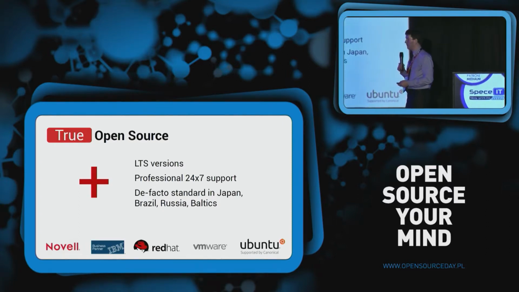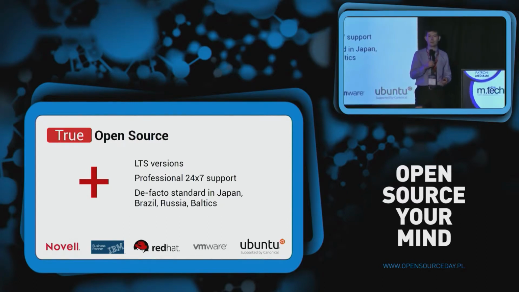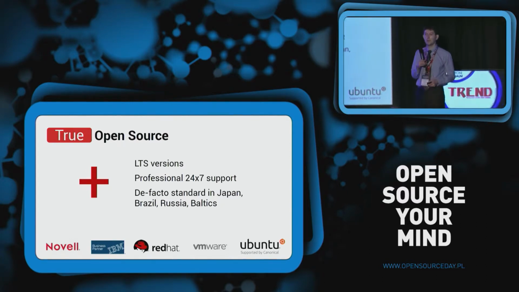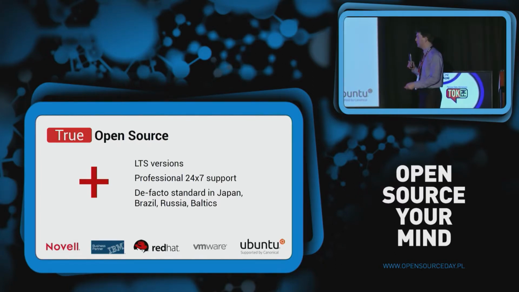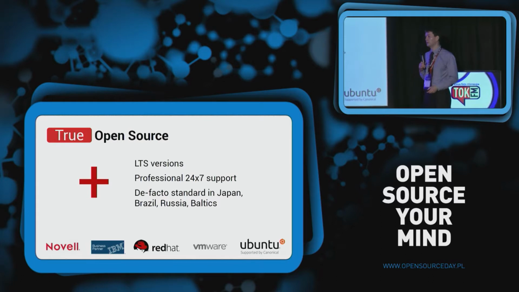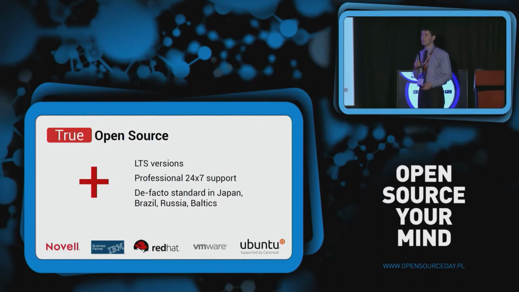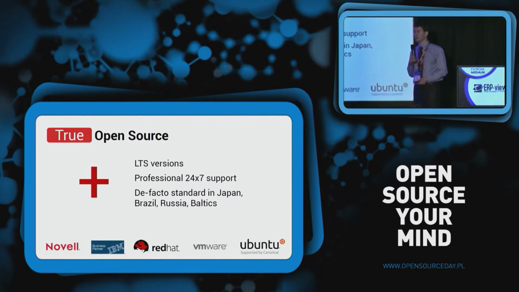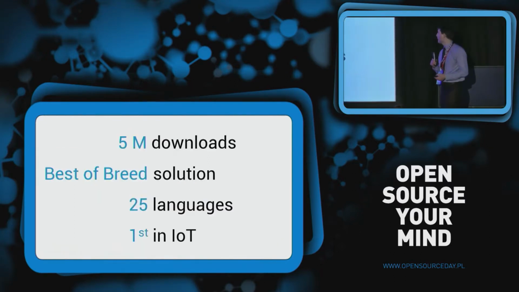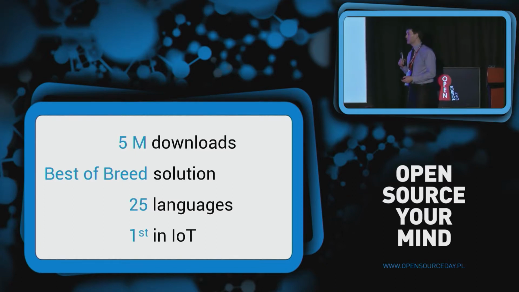I'm very happy and pleased to see that Zabbix is becoming a de facto monitoring standard, and in some places it's already a monitoring standard. Just to give you a few examples: Japan, Brazil, Russia, and the Baltics, where Zabbix is the number 1 choice when it comes to monitoring solutions. Just a few numbers.